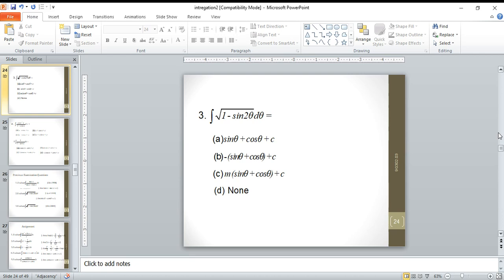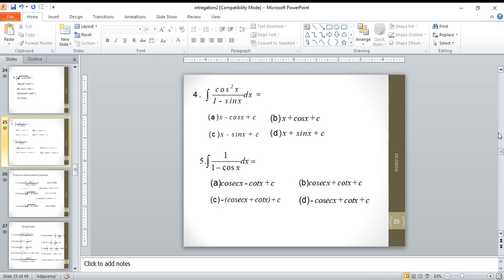That is the (a minus b) whole square formula: (sin theta minus cos theta) whole square. Square root cancels, leaving sin theta minus cos theta. The integral of sin theta is minus cos theta, and the integral of cos theta is sin theta. Overall, minus is common, so minus of (sin theta plus cos theta) plus c is the correct answer.